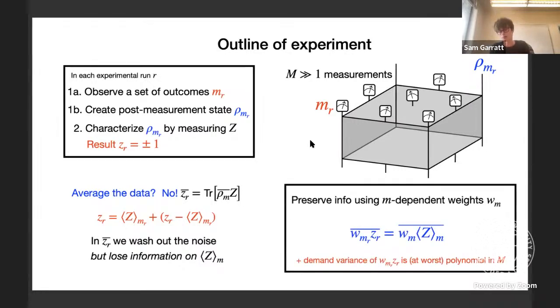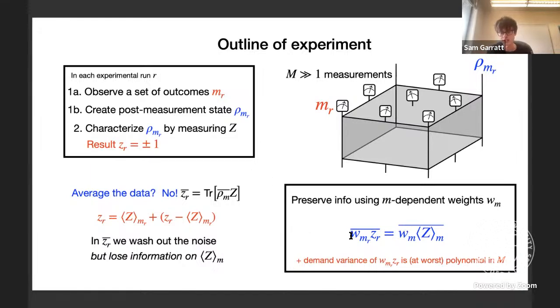One straightforward way you can do this is to bring in some weights. I'm not going to tell you what these weights are yet. That has to be determined, and that's the whole problem. So these weights, WM, I'm going to choose to depend on the outcomes of what I call the preparation measurements, the M's, but they're not allowed to depend on zR. They're not allowed to depend on the outcome of the probe measurement.